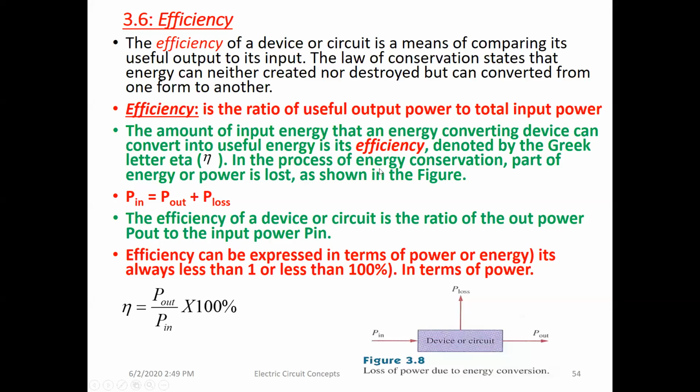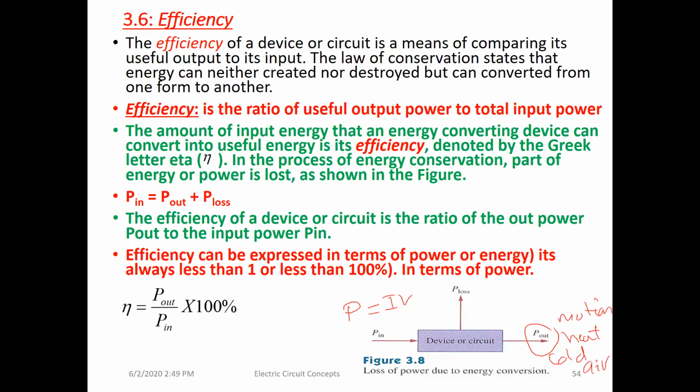In the process of energy conversion, part of the energy or power is lost, as shown in the figure. Here we have a device or a circuit. This could be a machine, a motor, or a heater. We have an input power coming in, which is basically, again, P equals I times V. Then that machine will give us an output, and this output could be motion, or heat, or cold air, and so on.